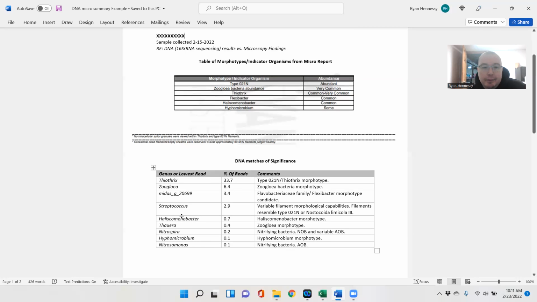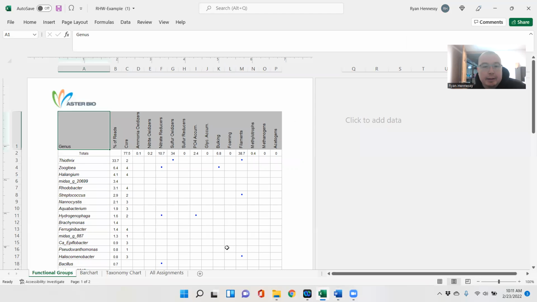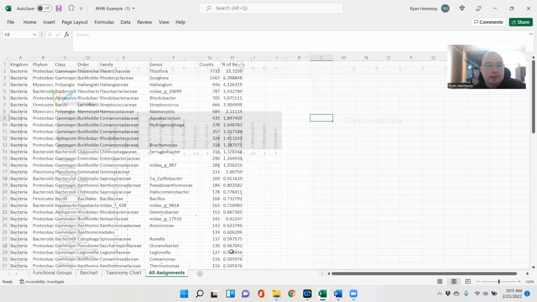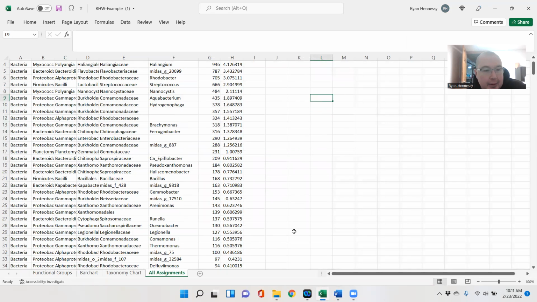There were a couple other findings from the DNA, a couple other genera that could potentially be filaments, and they were all fairly low percentage. For example, the Runella genus could potentially be a 0411 filament type.